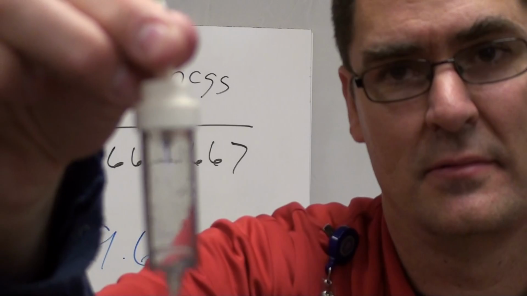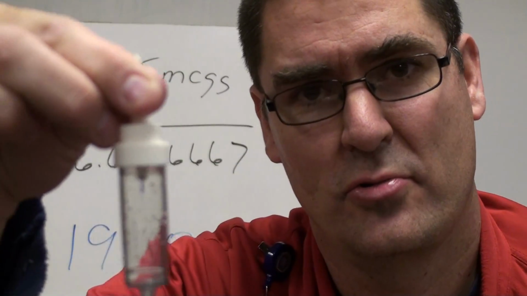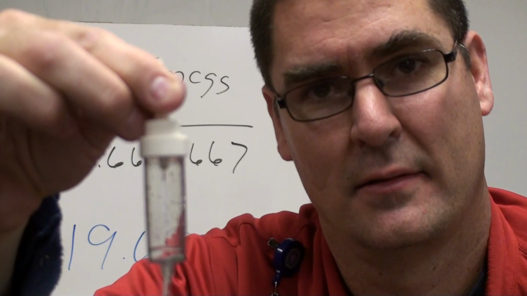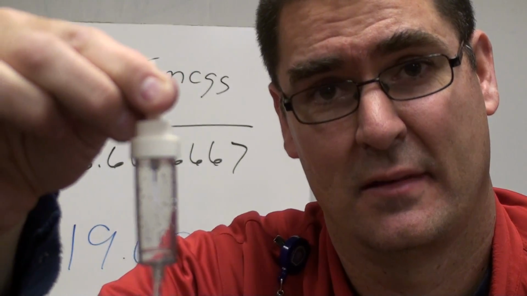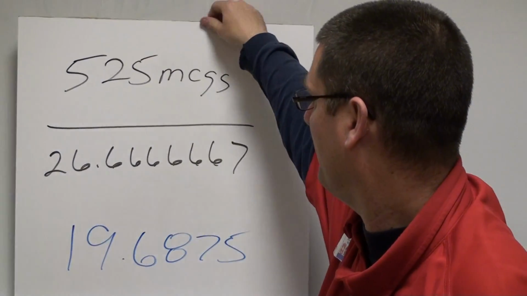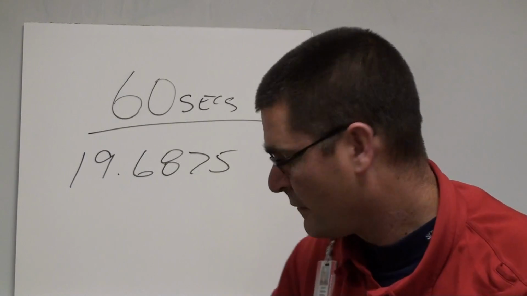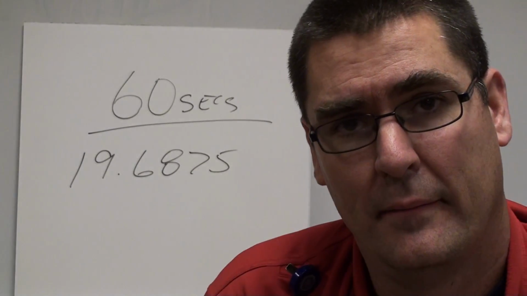Remember this? This right here is what counts. So how are you going to do 19 drops a minute? Can you show it? I can. Check it out. How many minutes are we looking at? 1 minute.